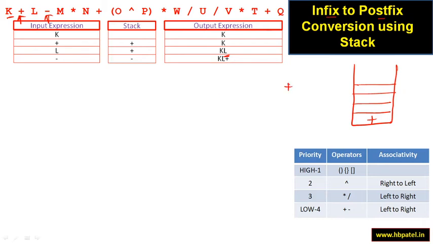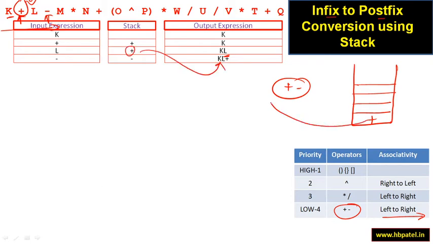Plus and minus both have the same priority, but if they have the same priority, you will have to go from left to right. Left to right means who will come first? Plus will come first, meaning the priority of plus is greater than minus in this case, so that plus is popped first.